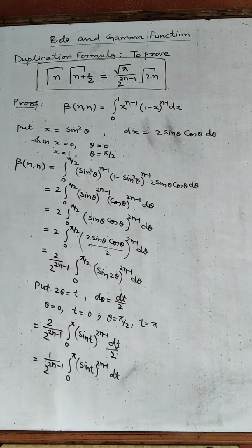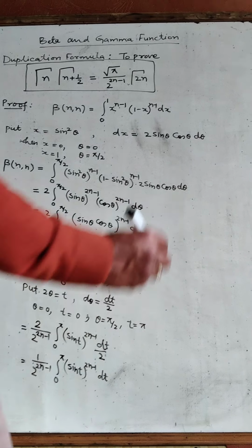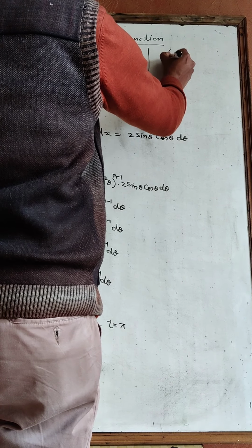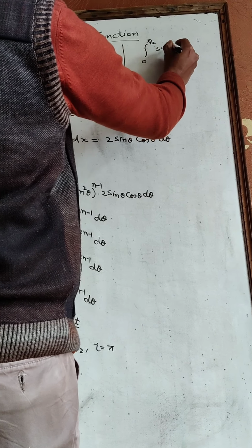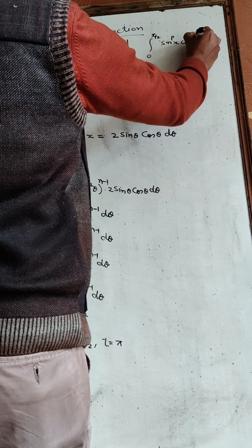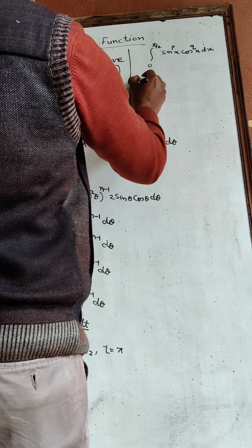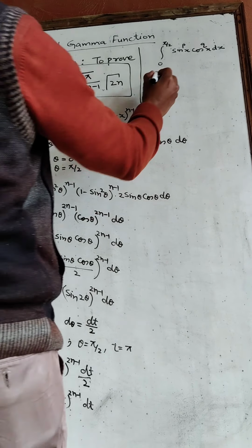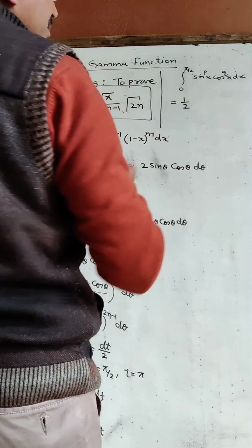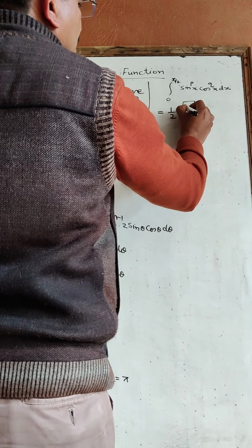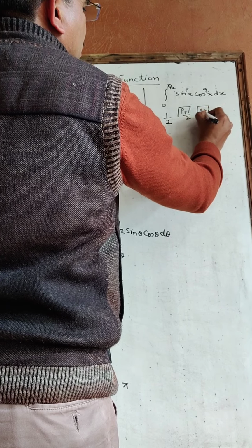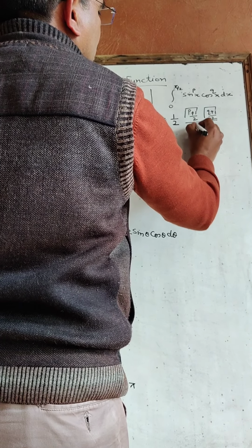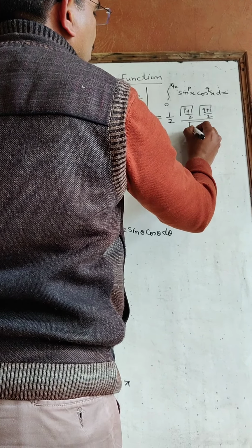Now just recall our earlier result that the integral 0 to pi by 2 of sine raised to the power p, cos raised to the power q dx, is equal to 1 by 2 gamma of (p plus 1) by 2 gamma of (q plus 1) by 2 over gamma of (p plus q plus 2) by 2.